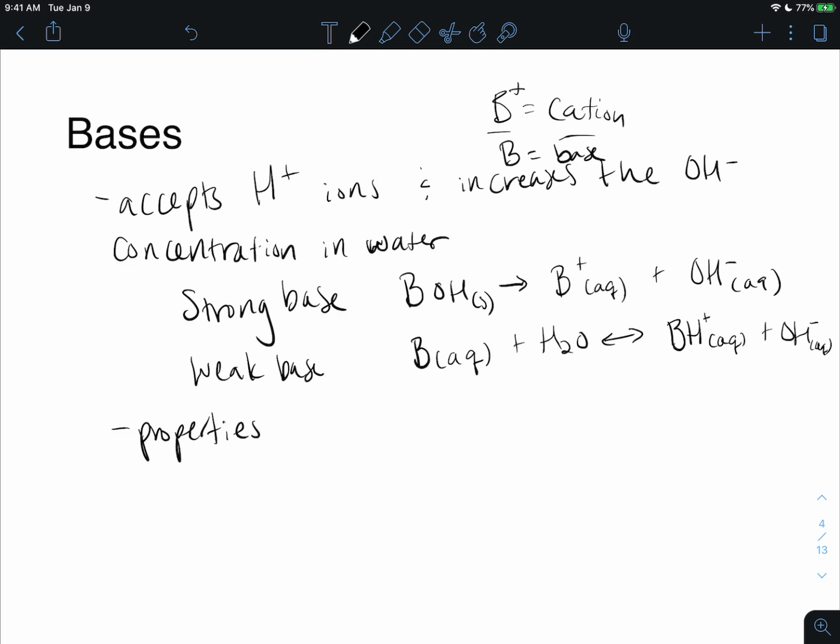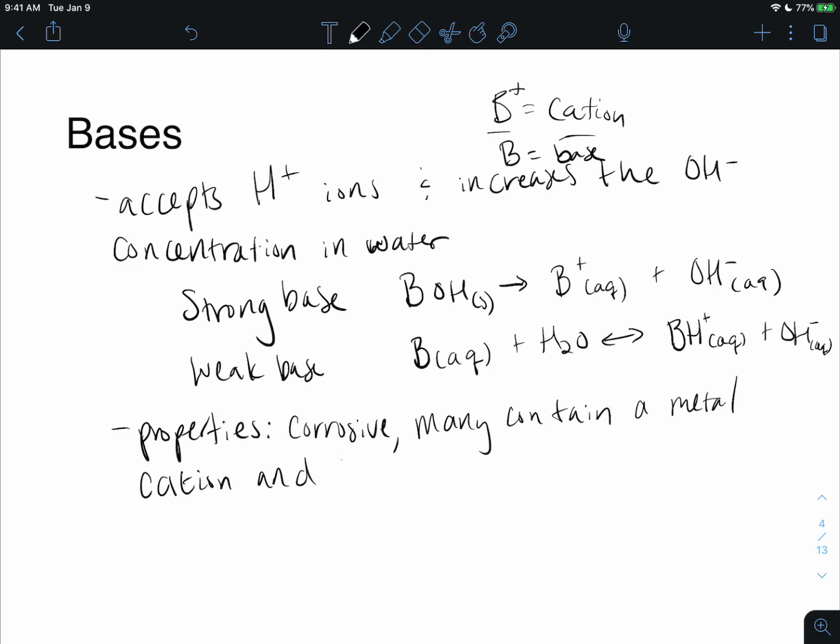Our properties of bases include: corrosive. They are going to generally, but not always, contain hydroxide ions. So many contain hydroxide ions, a metal cation, and hydroxide ions. They're going to have a slippery feel.